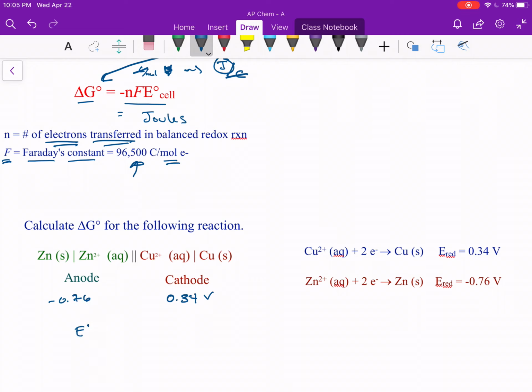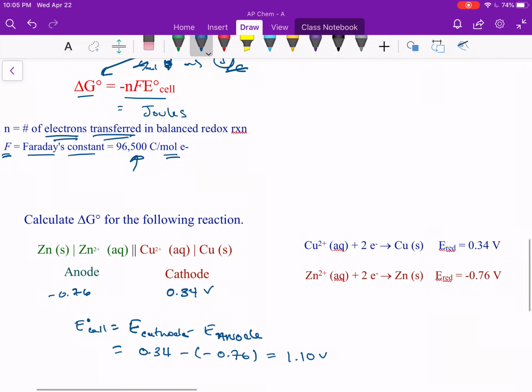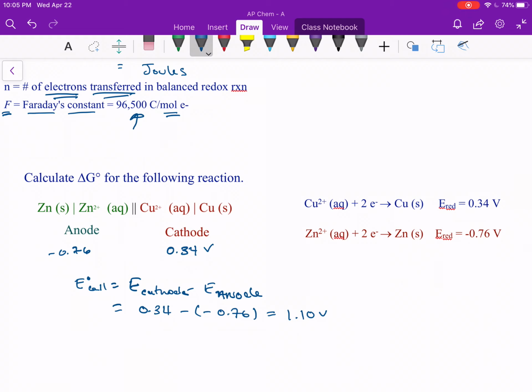We know E naught cell is going to be equal to the E of the cathode minus E of the anode. So that's going to be equal to 0.34 minus a negative 0.76, and that's going to give us our 1.10 volts.